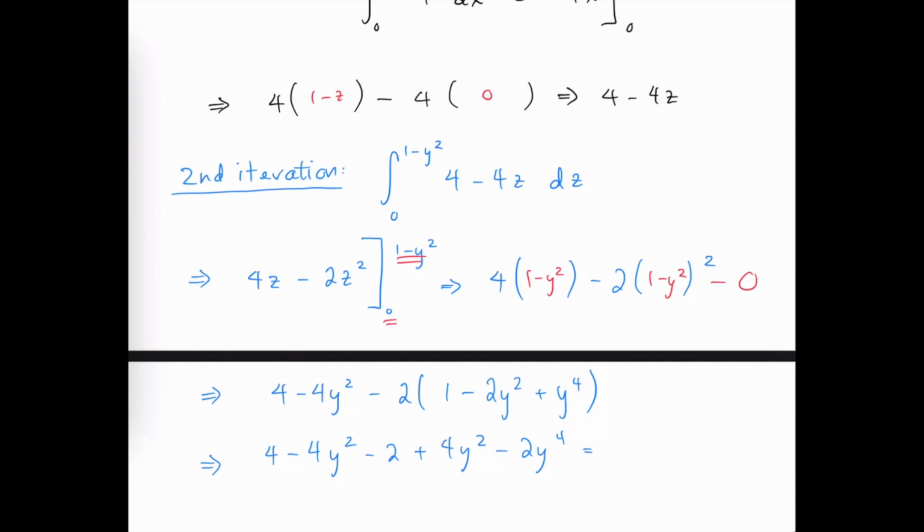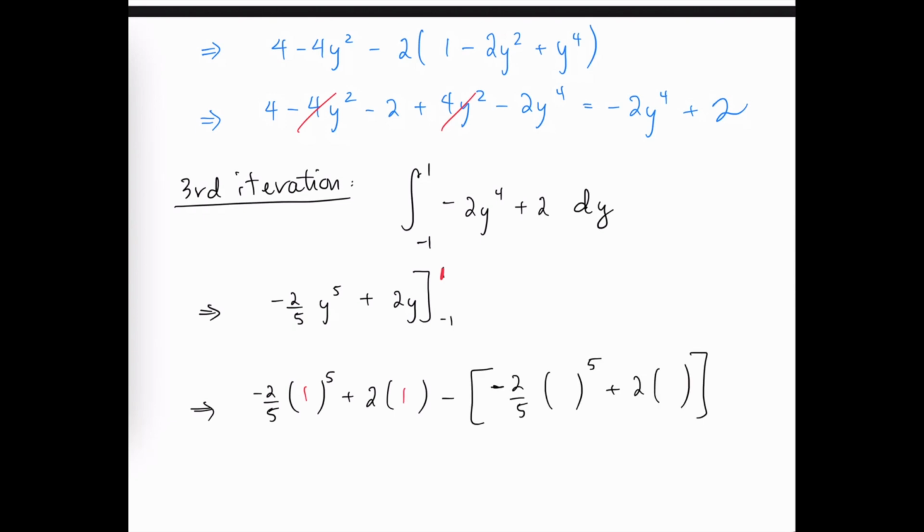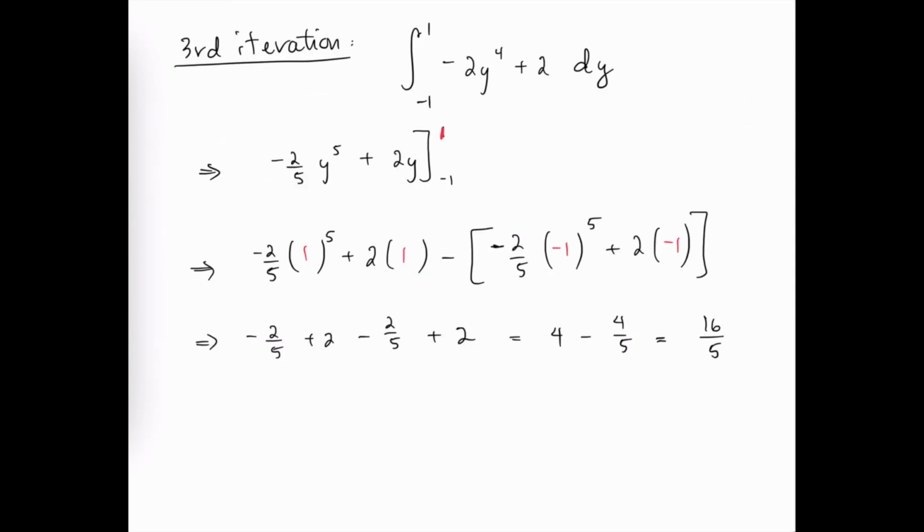And when we simplify, we get -2y to the 4th plus 2, which becomes our integrand for the third iteration, which is evaluated with respect to y from -1 to 1. And then we take our antiderivative and plug in the upper limit of +1 minus the antiderivative evaluated with -1 plugged in for y, which simplifies down to being 16/5.